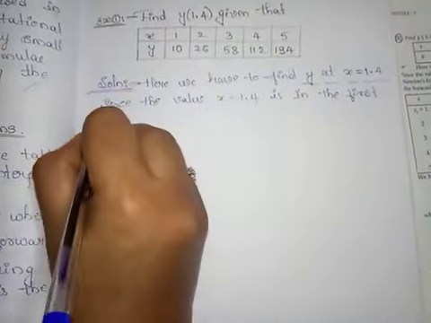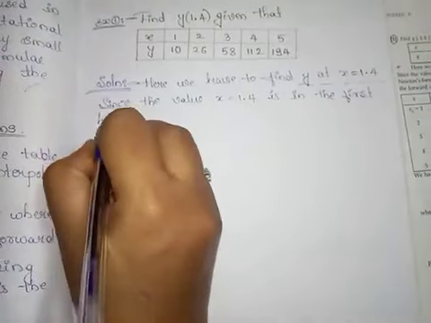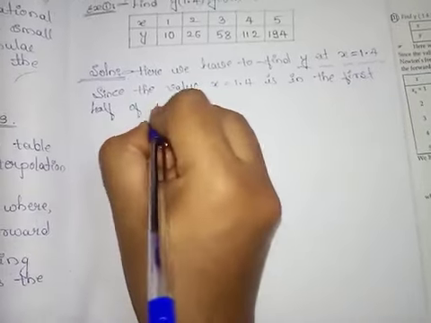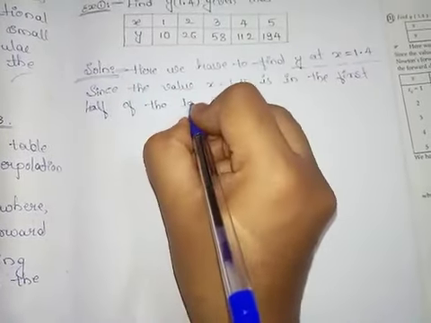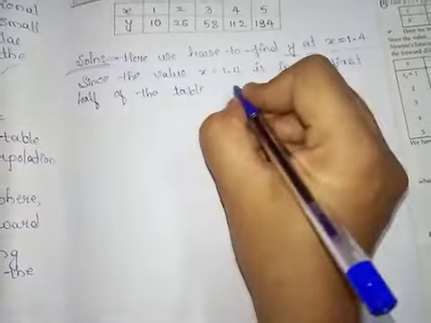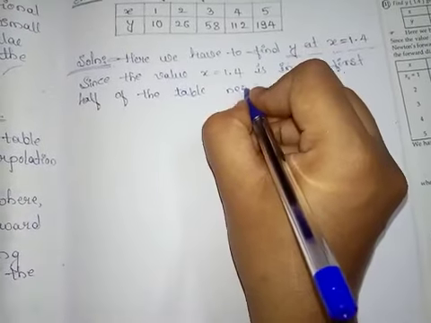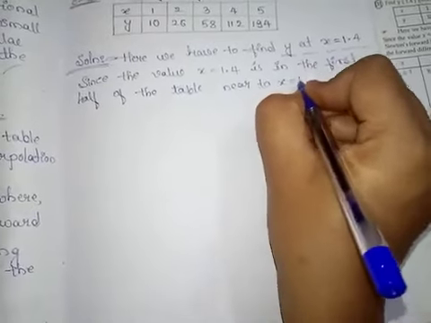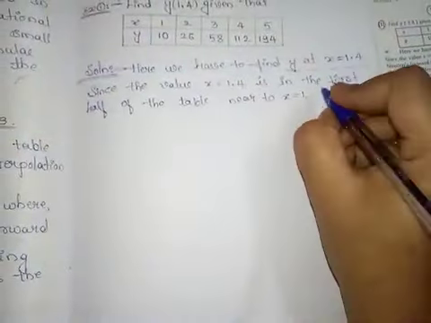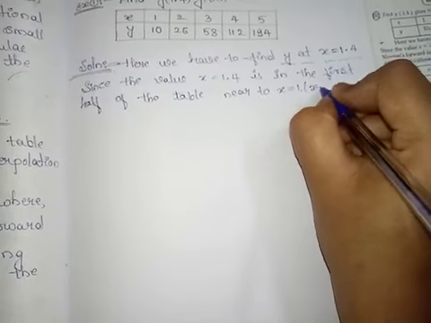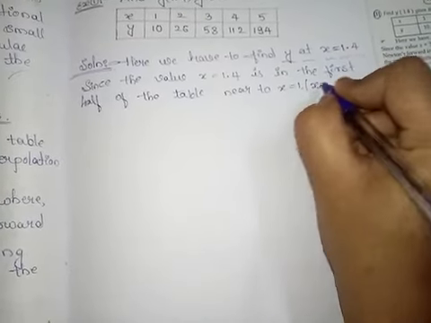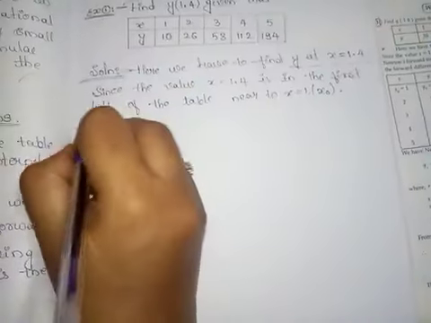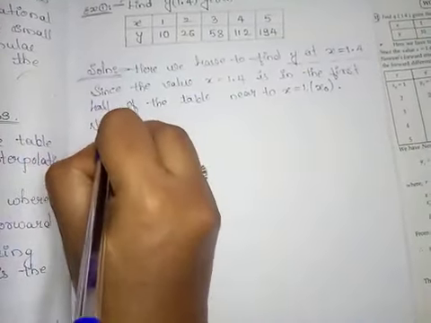First half: this x = 1.4 lies in the first half of the table and it is near to x = 1, that means x naught.